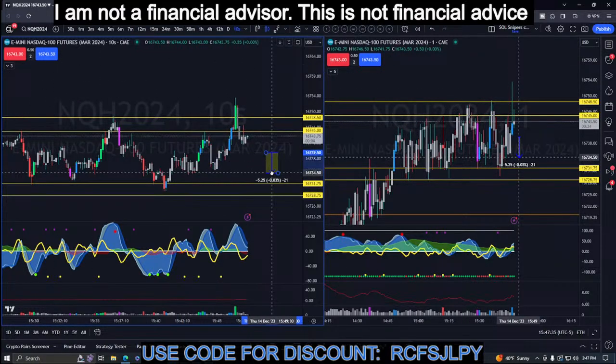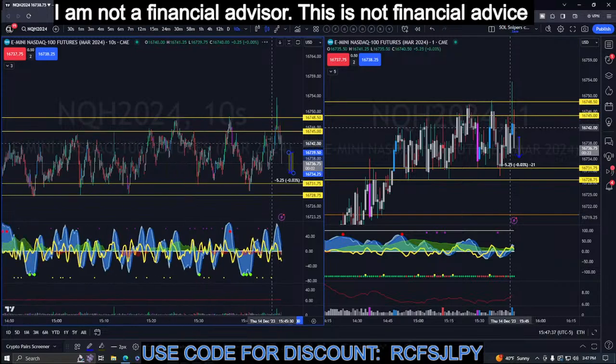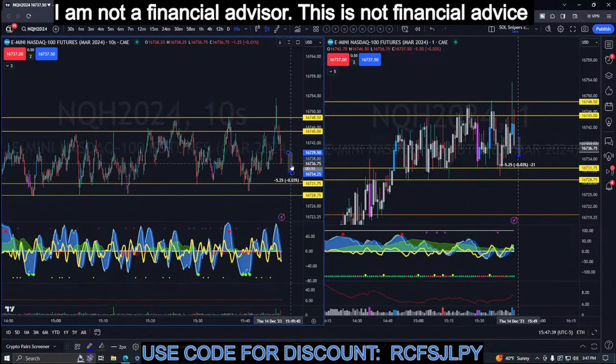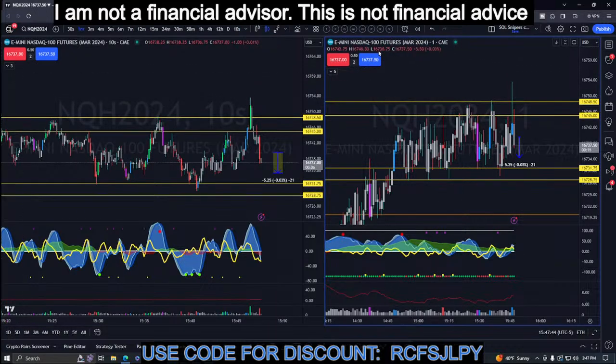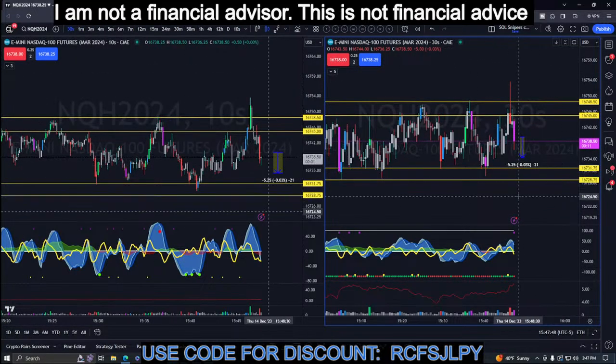So remember, we're still on this range I drew out, these two yellow lines. What I like to do is you can go on a lower time frame. If I'm doing 10 seconds on the left, do 30 seconds on the right.